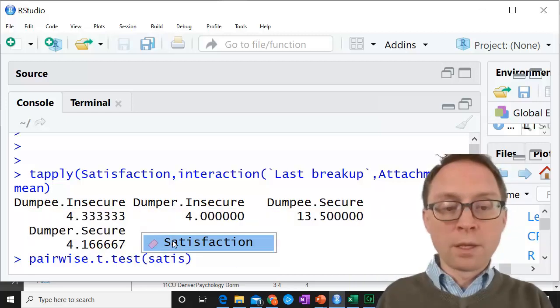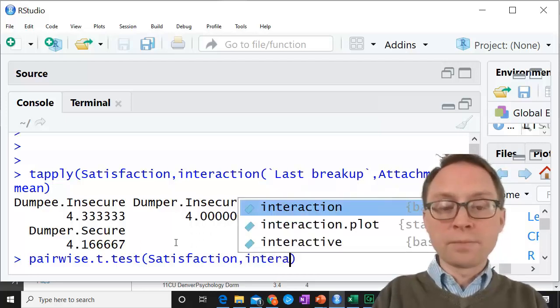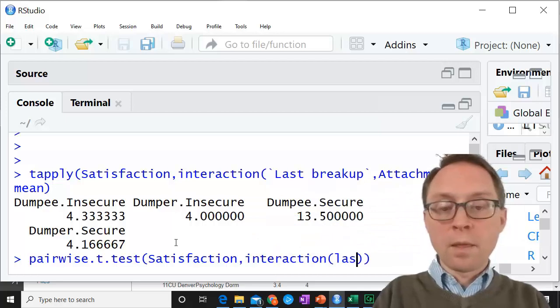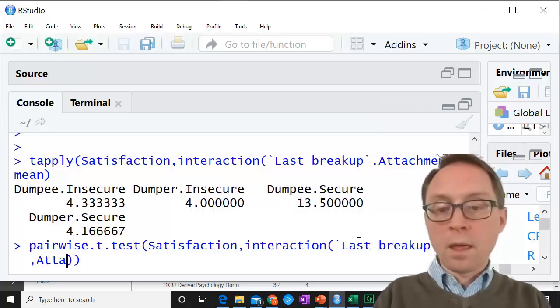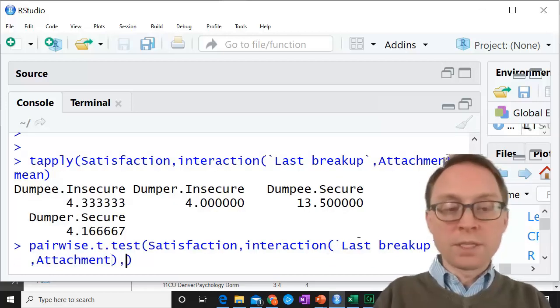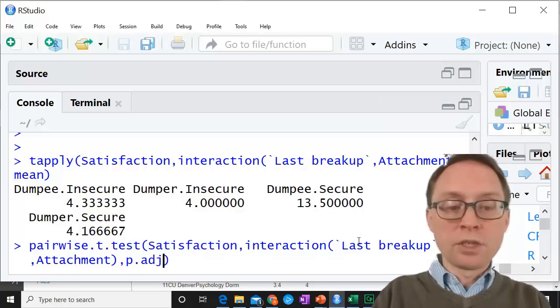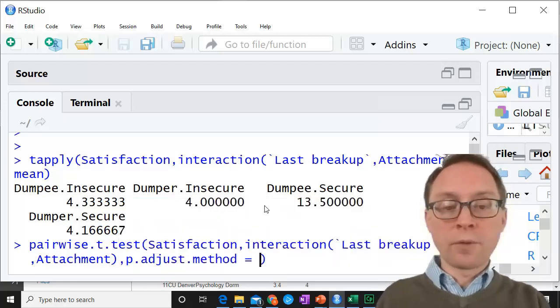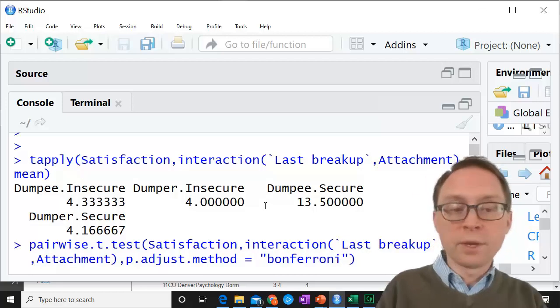Satisfaction is going to be our dependent variable, and then we're going to put in, just like we did before, interaction, last breakup, attachment, but instead of putting mean now, we're going to put our p-adjust method, p.adjust method, and remember the p-adjust method that we've been using is in parentheses Bonferroni, and let's see what happens.